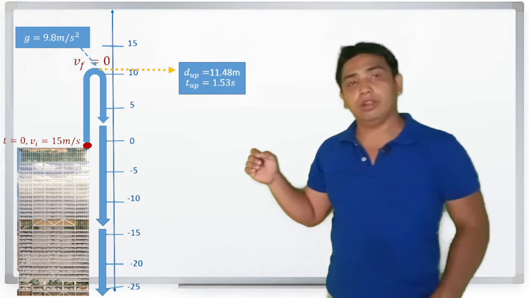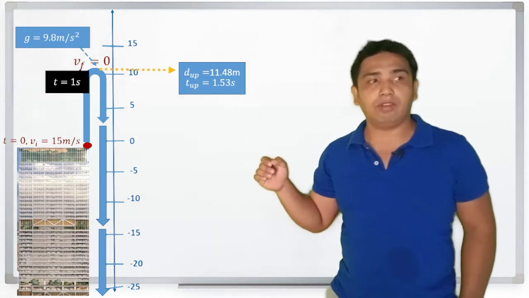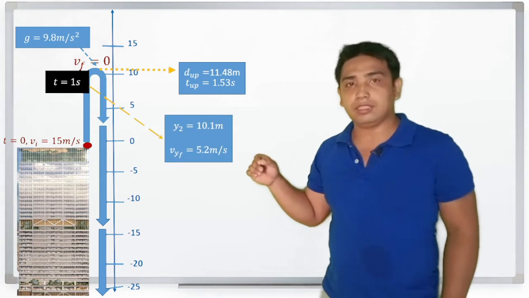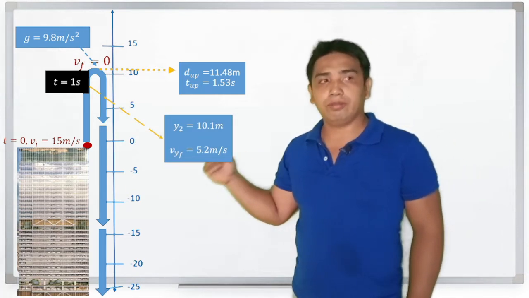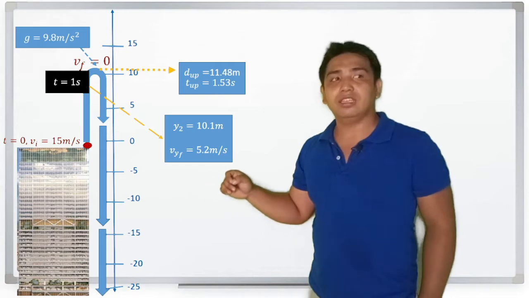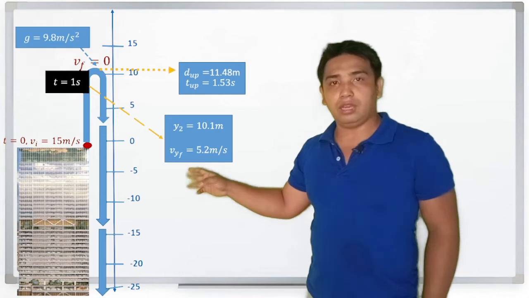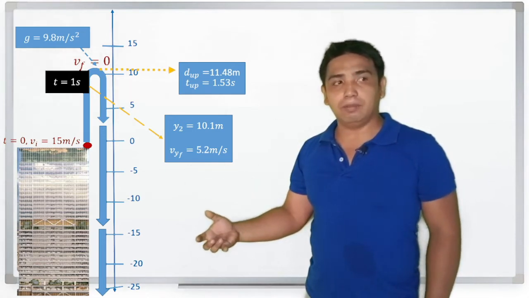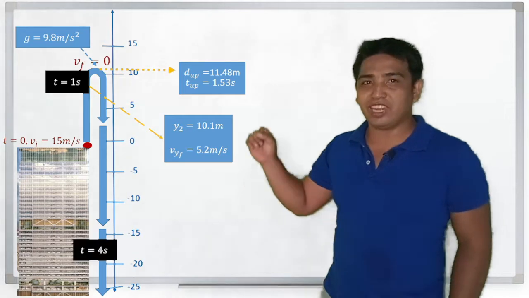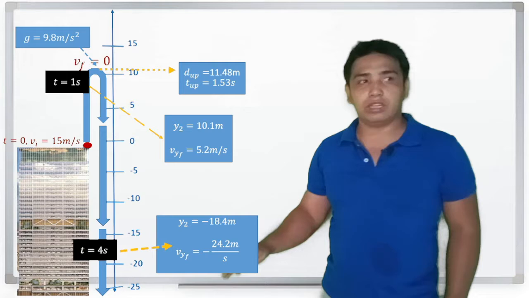After 1 second, you were asked to find the position of the ball, and you were able to find it, and that's 10.1 meters away from the railing, and the velocity is still positive, which is 5.2 meters per second. On its way back, you missed catching the ball, so it travels freely, directed towards the ground, or towards the center of the earth.